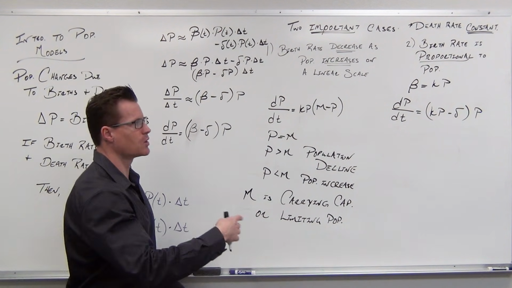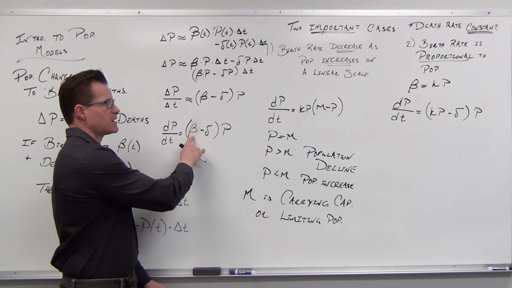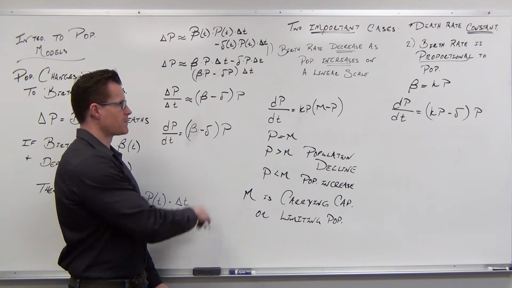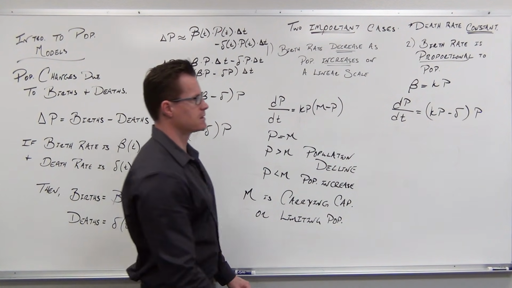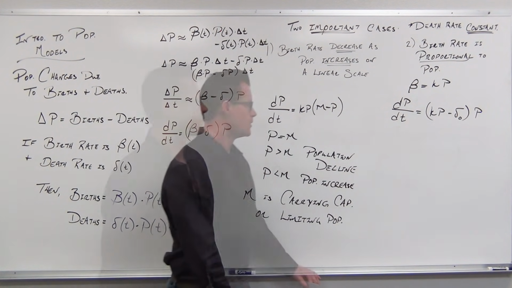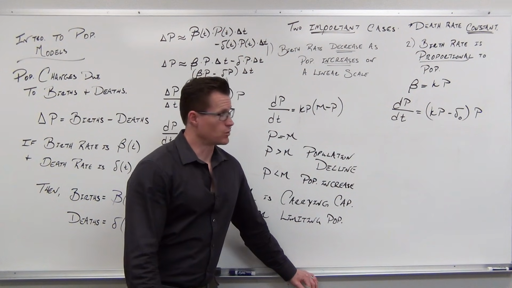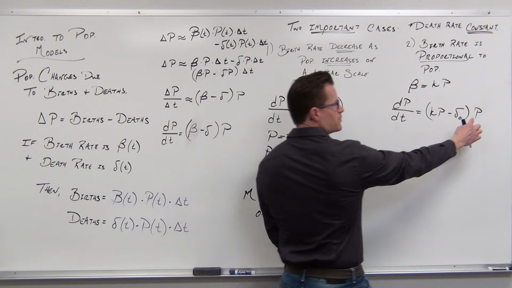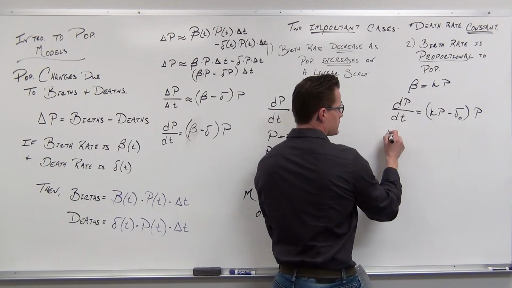So we're saying, let's suppose the birth rate is proportional. Let's make this K times P. Let's hold that death rate to be constant. Okay, we're going to do something just a little bit tricky. I'm going to move this P to the front.